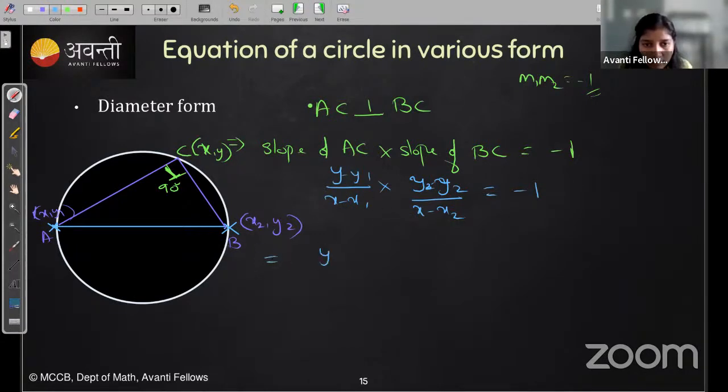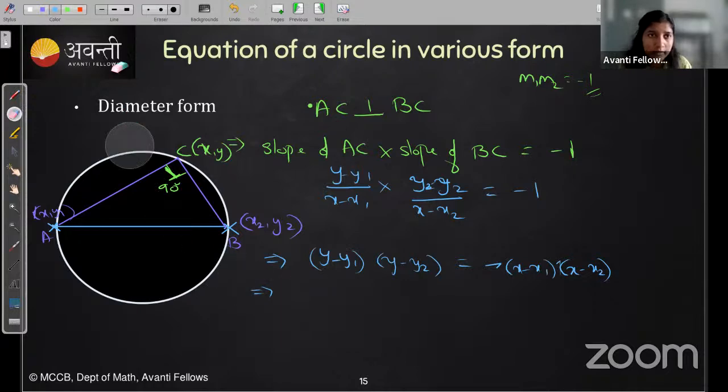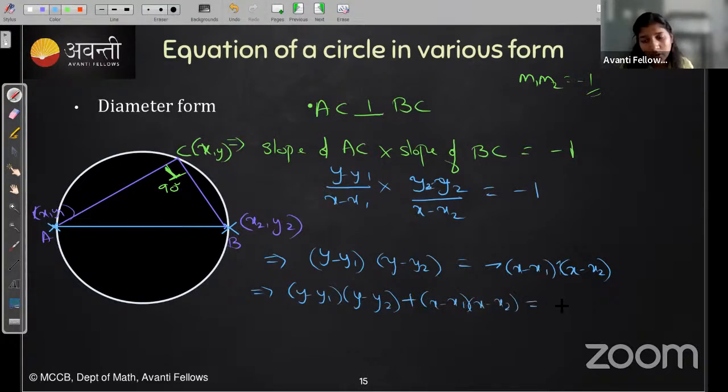Just take the cross product. When you take the cross product, we will get y minus y1 into y minus y2 is equal to minus of x minus x1 into x minus x2. Now take all the terms on one side. We get y minus y1 into y minus y2 plus x minus x1 into x minus x2 equal to 0.